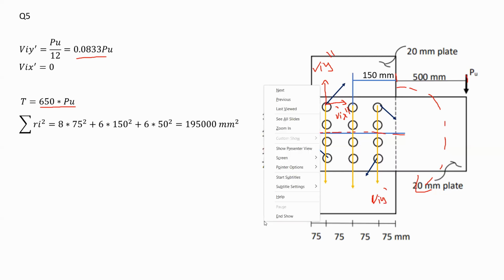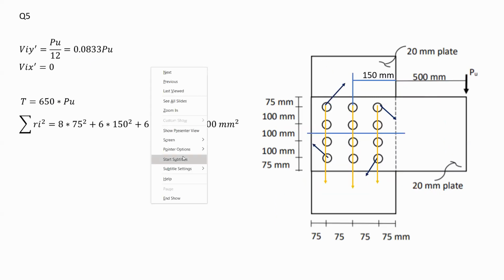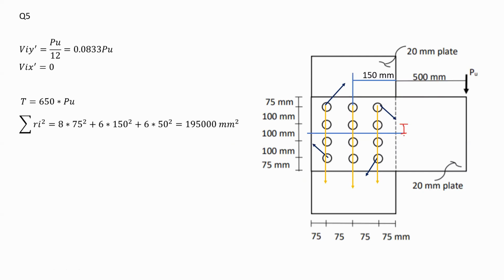Now we have to calculate the summation of Ri squared. I have to clear my screen before getting into that. For example, let's see these bolts from the x-axis. I will calculate from the x-axis initially.